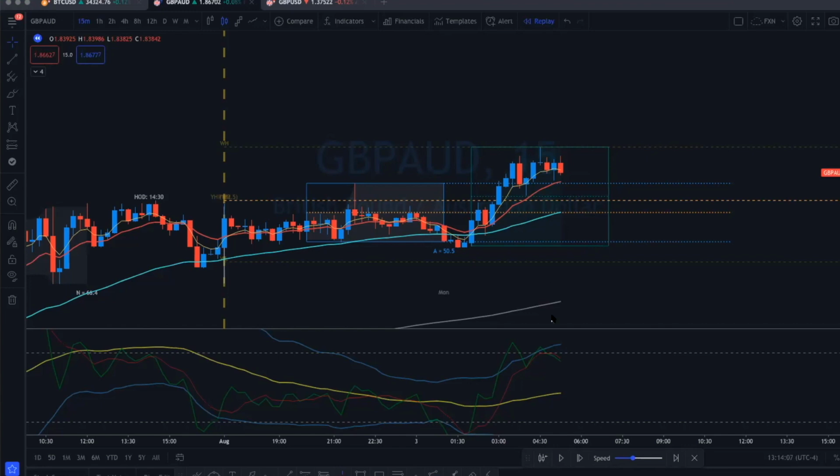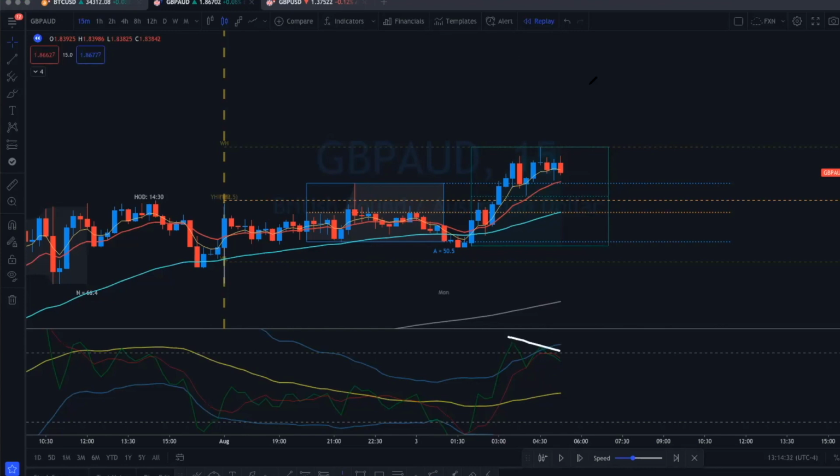So we got the TDI. First of all, we have the pattern. We have it in the right timing, so that's 2. We have 5 candles in between the first and second leg. That's 3. We have railroad track. That's 4. We have TDI forming a big M. That's 5. We have divergence on the TDI.